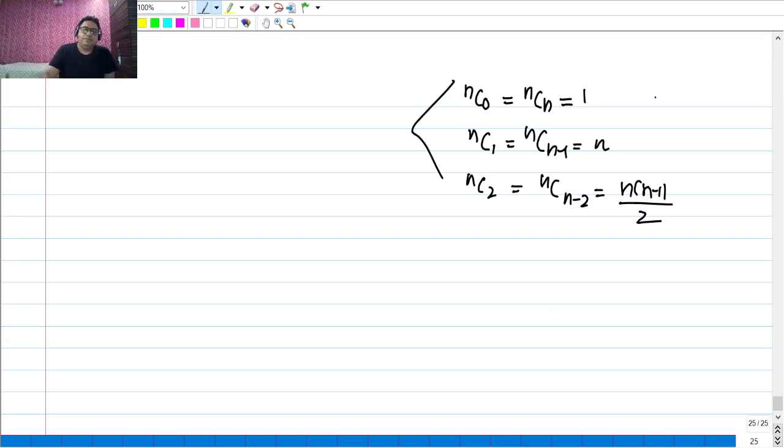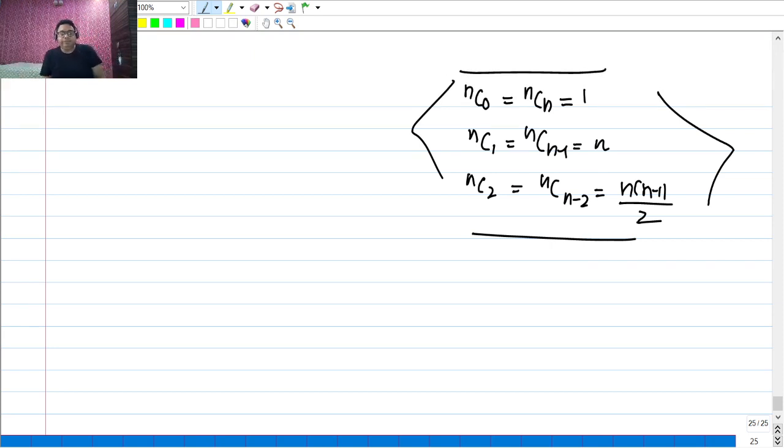These are some important binomial coefficients that generally come to use, so you can mark it. Otherwise, what is NC1? It is equal to N factorial upon 1 factorial N minus 1 factorial, which is equal to N, isn't it? Hardly an issue, but sometimes it's good to remember it also.